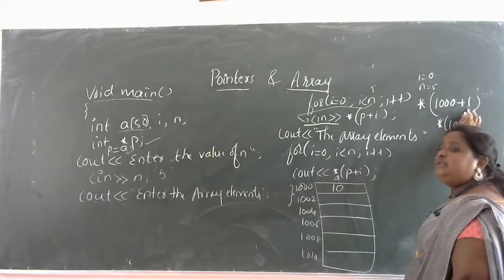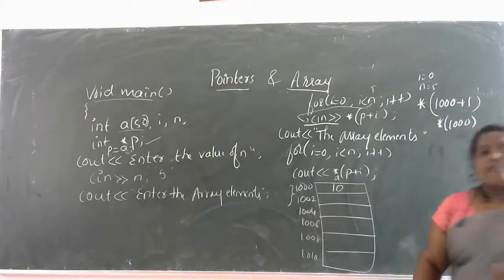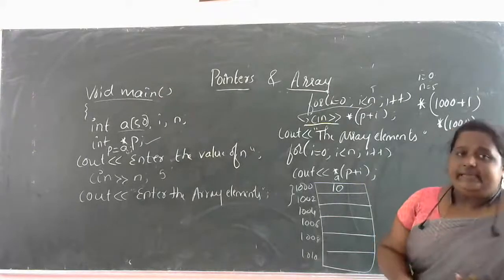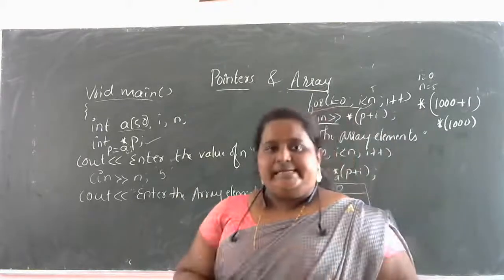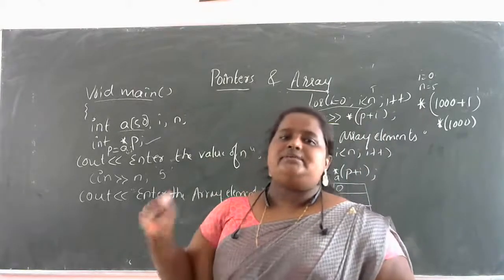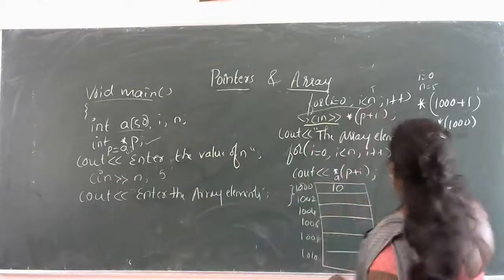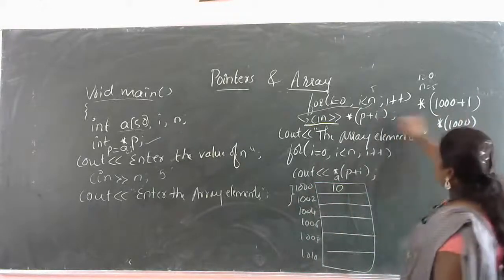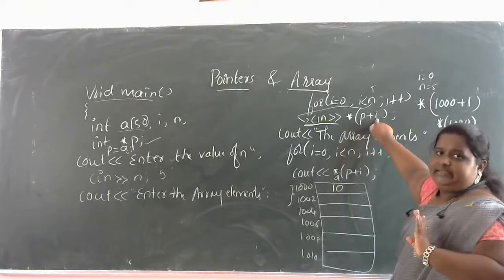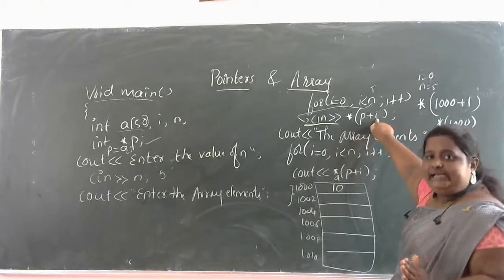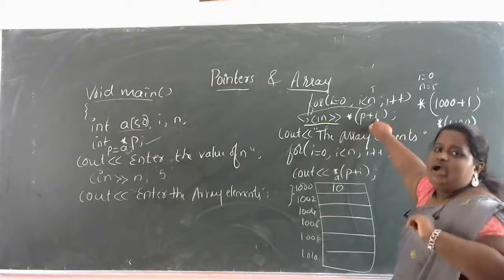Now what will the compiler do? The compiler will automatically multiply i with the size of the data type. The compiler automatically multiplies the size of your data type with i.